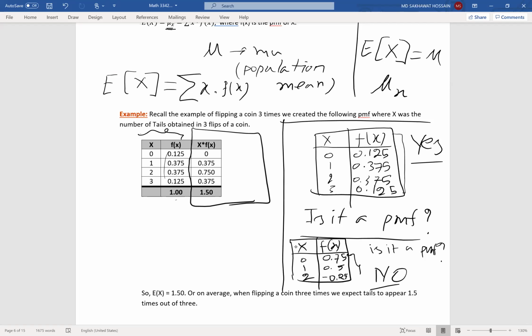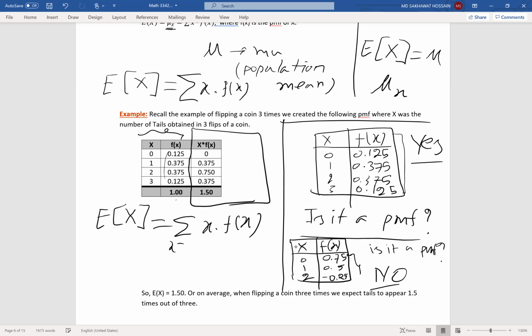So here we are given a PMF and we have the values of x and the values of f of x. To find the expected value, the expected value of x means summation of x times f of x, and you will sum over the possible values of x. So here x is from 0 to 3.